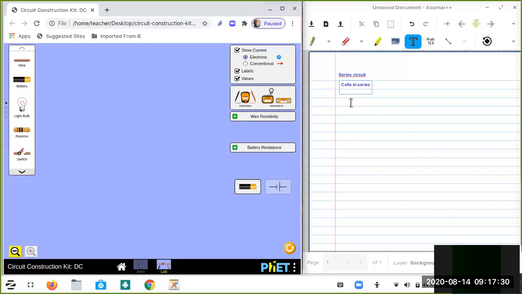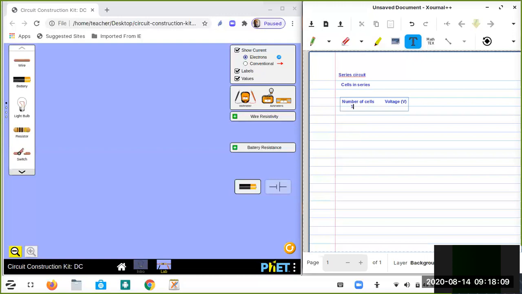So let me have here the number of cells that are connected, and then the voltage. Remember, voltage is measured in terms of V.